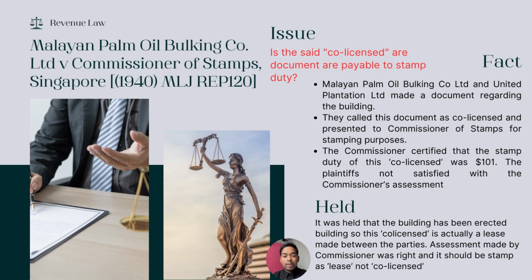So the substance is the building. Since the building had been built before the lease document was designed, the stamp duty imposed was 101. So it's a higher stamp duty in this case.